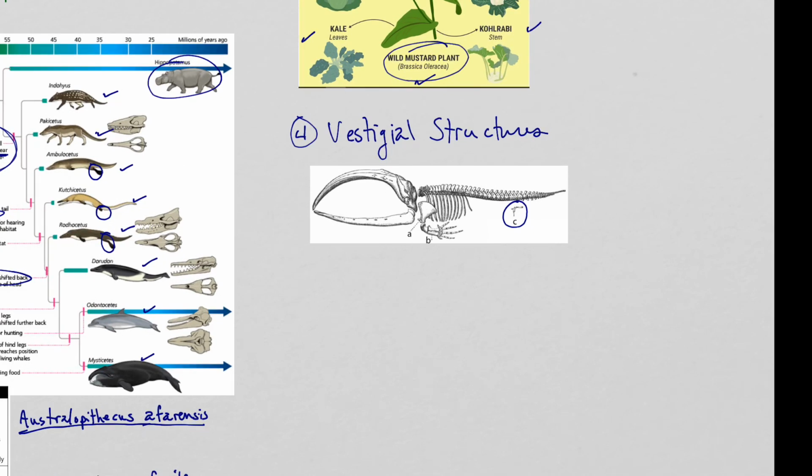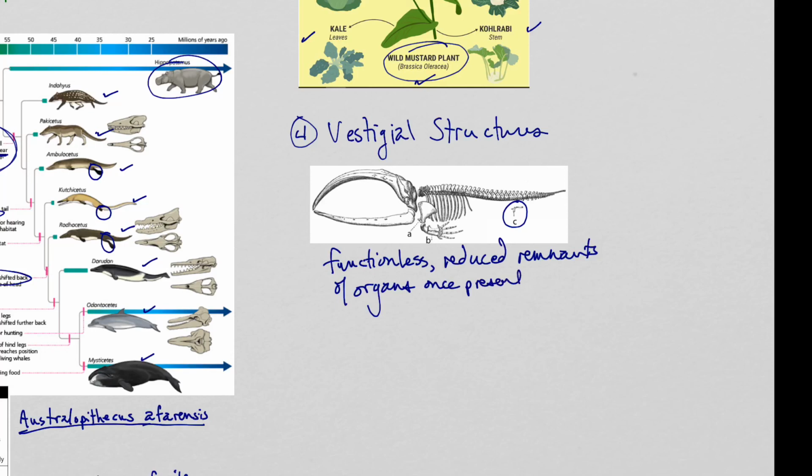So vestigial structures are sort of functionless, reduced remnants of things that were once present. Think about in humans, we have an appendix because our ancestors had a larger organ down there that could help to digest plants.